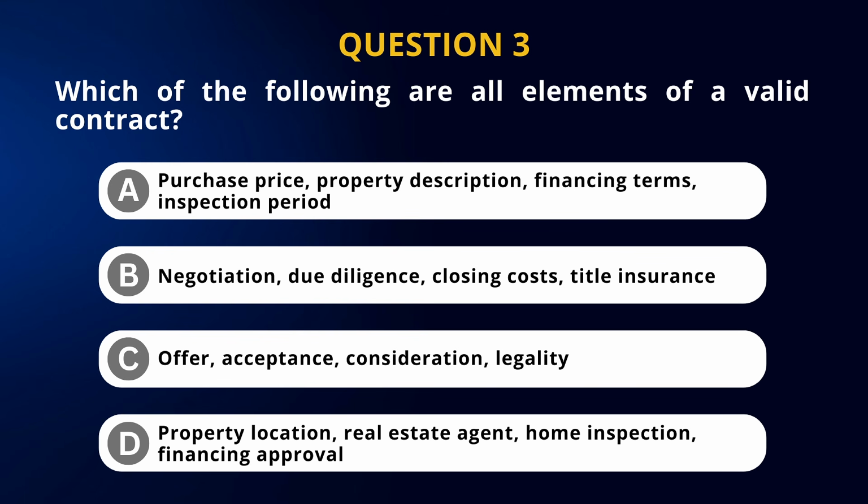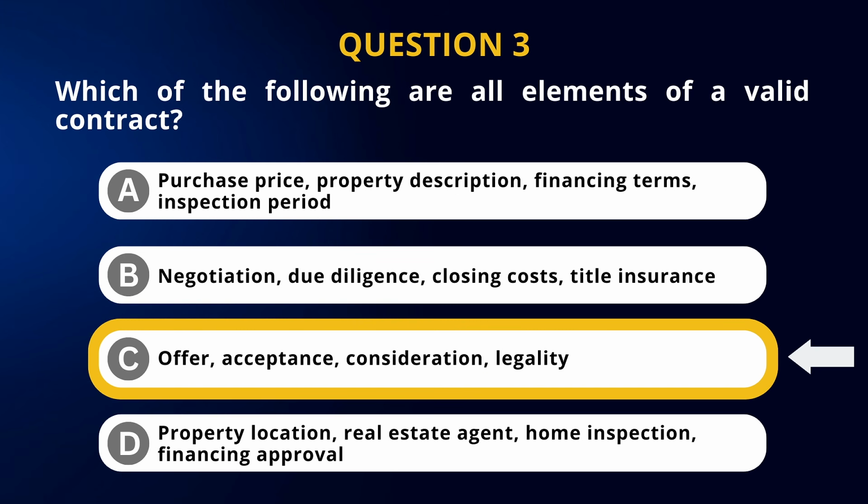And the answer is letter C, offer, acceptance, consideration, and legality. So one of the most important things we need to learn in contracts is the validity of contracts. What makes a contract valid? What makes a contract void? There are 5 essential elements to make a contract valid.